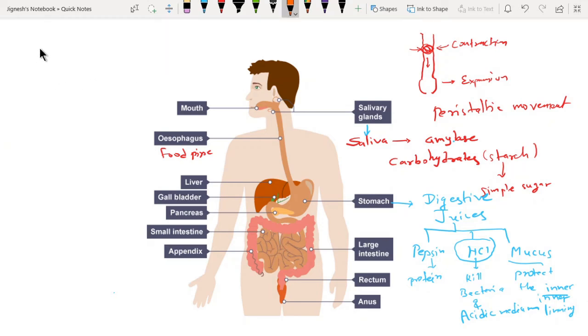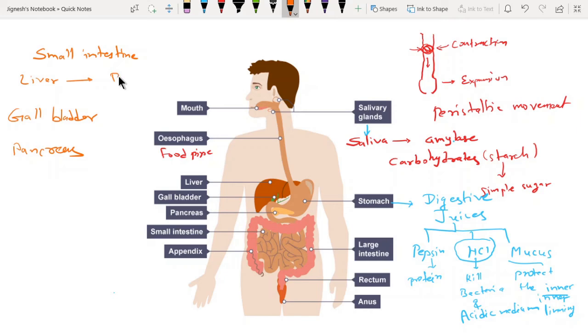Now let's see how the digestion of food takes place in the small intestine. Here we have 3 related glands: one is the liver, one is the gallbladder, and one is the pancreas. What does the liver do?